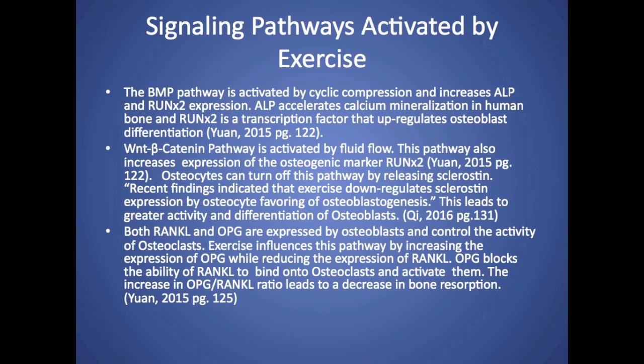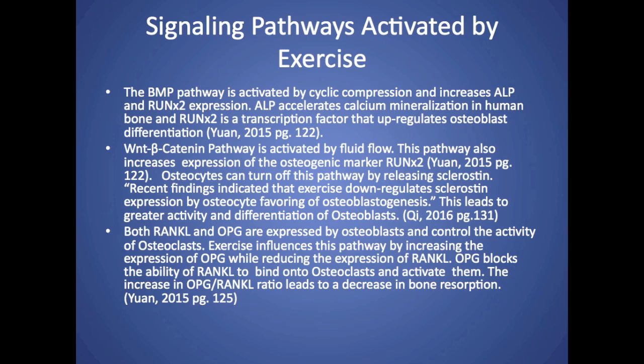This pathway also increases the expression of the osteogenic marker RUNX2. Osteocytes can turn off this pathway by releasing sclerostin. Recent findings indicate that exercise downregulates sclerostin expression by osteocytes, favoring osteoblastogenesis. This leads to greater activity and differentiation of osteoblasts.